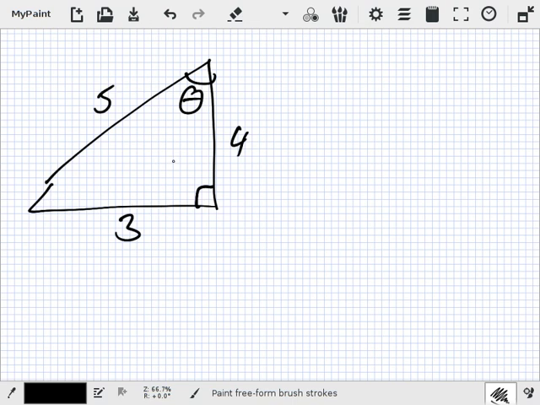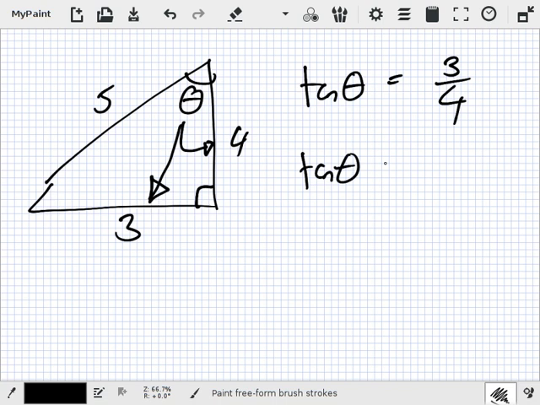You can use sine, cos, or tan because you know the 3 sides. So let's keep it easy and use tan again, because we can relate the opposite with the adjacent. So tan theta equals, what would it be here? 3 over 4.